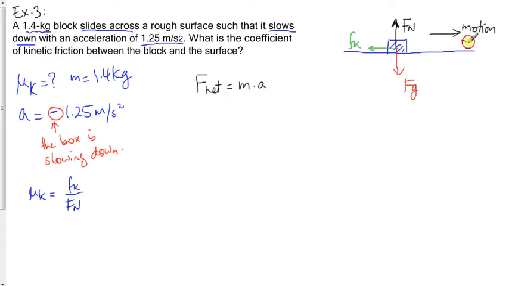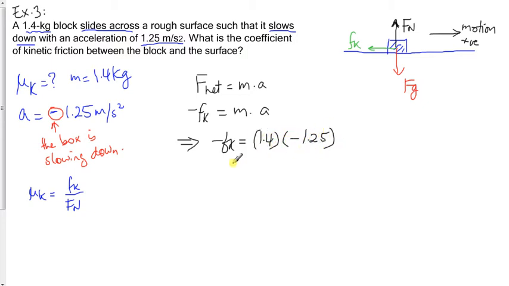And the direction of motion is my positive direction. So F net would be equal to minus Fk, equals m times a. So this equation gives me Fk because I know m, I know a. So minus Fk is equal to m, which is 1.4, times minus 1.25. If you are worried about this minus, they will be cancelled, this minus and this minus, and Fk will be positive.